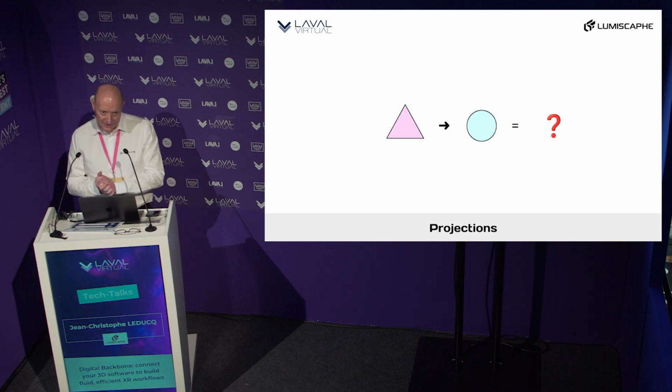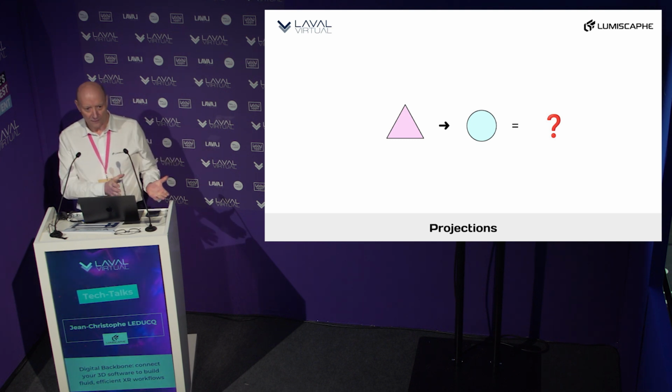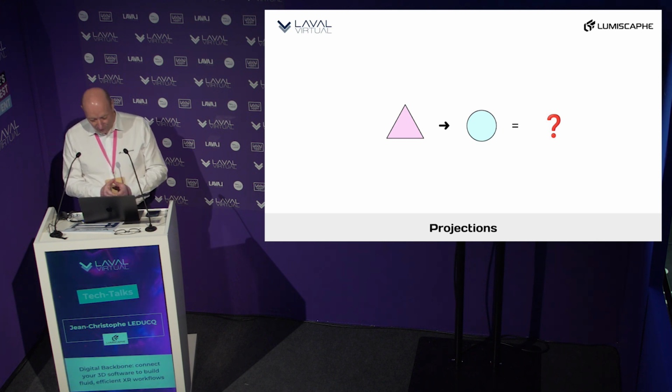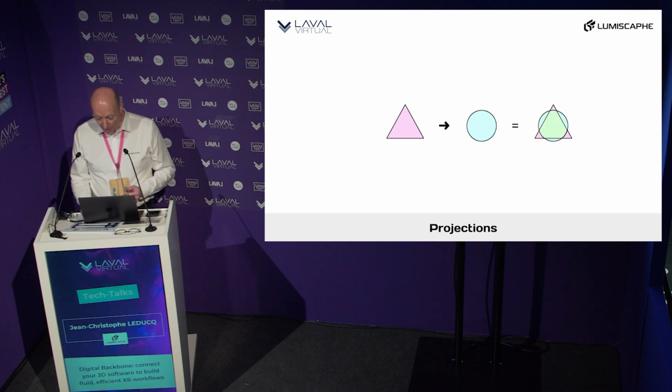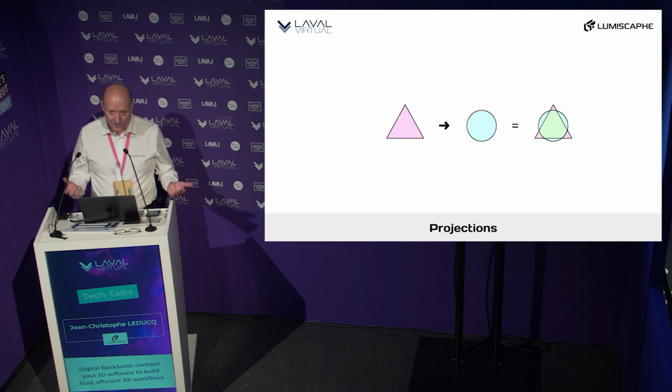So let's pretend that the triangle is one universe, one application, and the circle is another one. So the small black arrow is not an export. This is a projection. How do I project my data from the triangle world to the circle world? And okay, we see this is not the same shape.